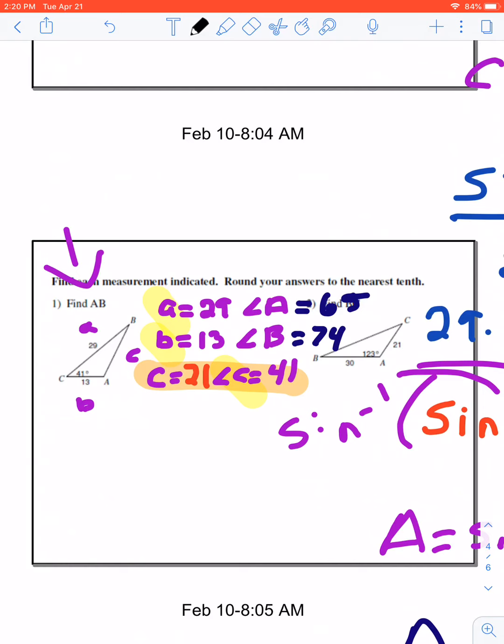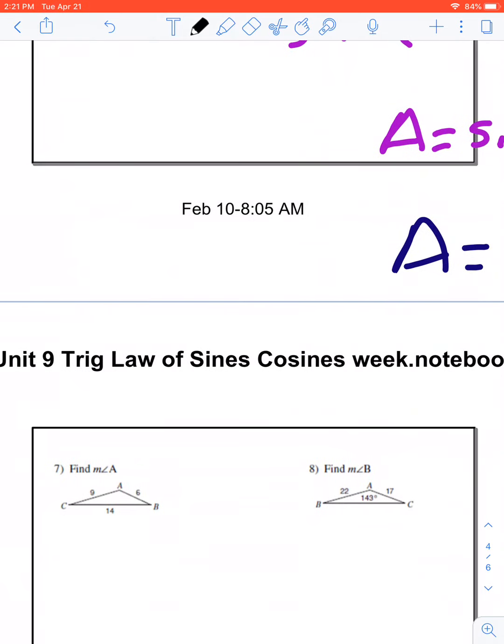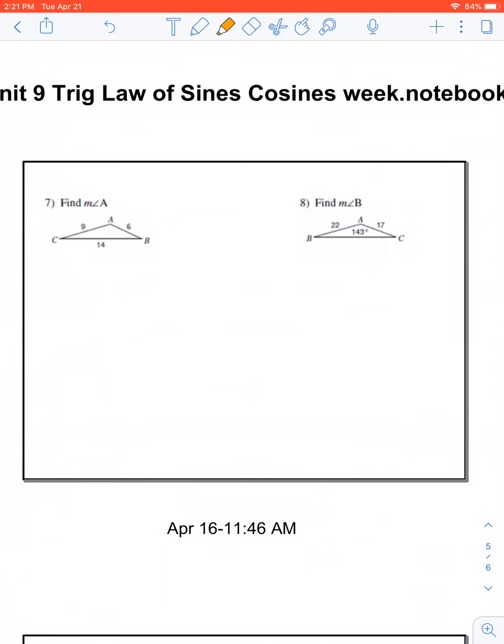Last time, like on number 1 right here, we had side a, side b, and angle C, and that C was our included angle, the angle in between those two sides. But what we're going to talk about today is a problem like number 7. Instead of just finding angle A, we're going to find the entire triangle, because I think it's important and that's what we're asking you to do on your homework. So let's stay consistent.